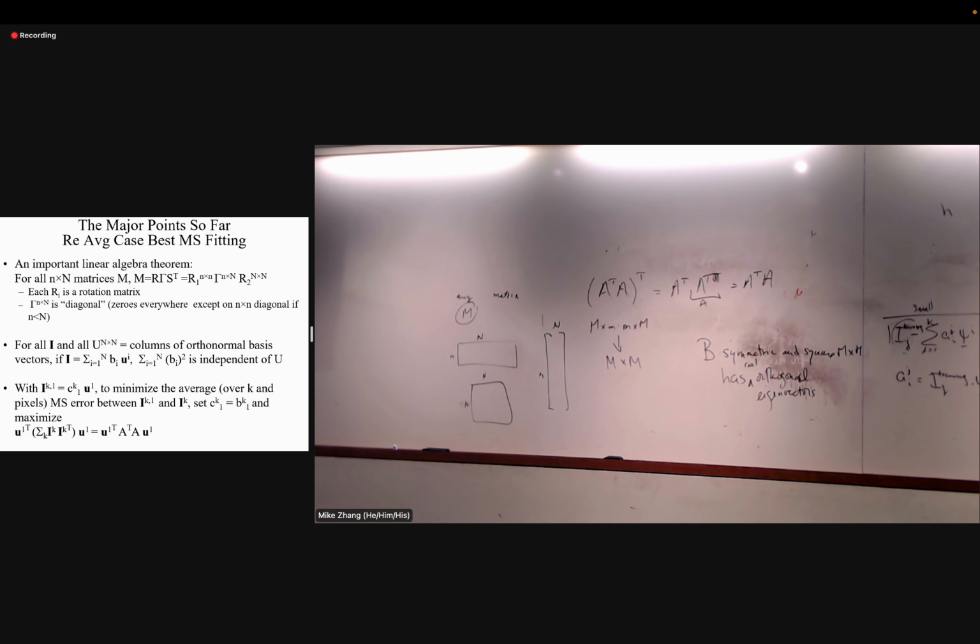We're talking about any matrix at all. It doesn't have to have the same number of rows as columns. There are particular cases where it does, so-called square.